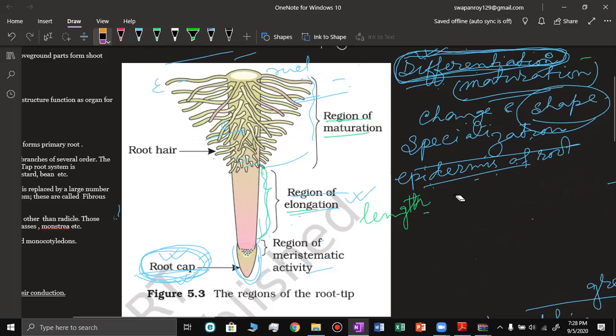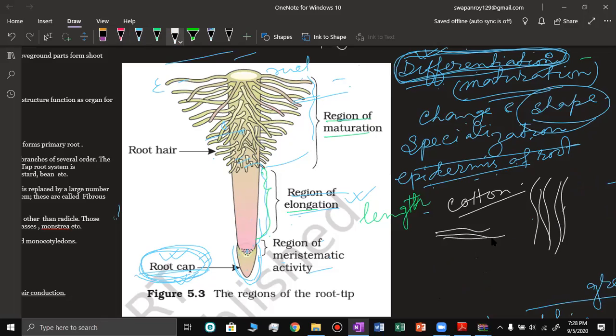Actually, a lot of very fine threads come out from the root surface, and these are actually the root hairs.